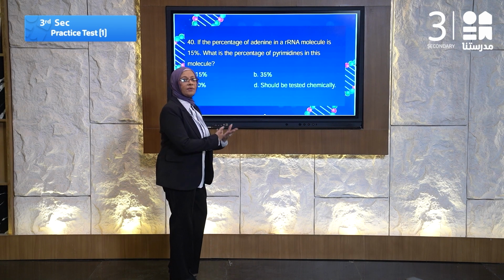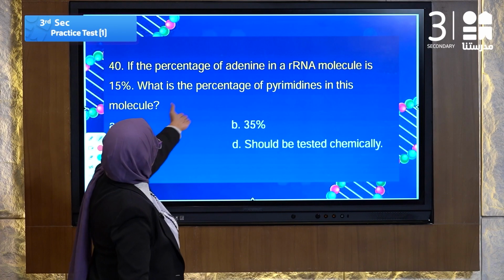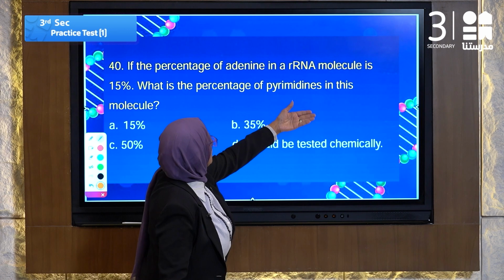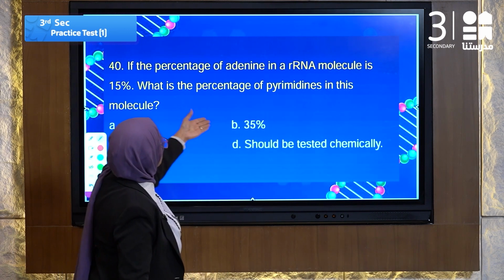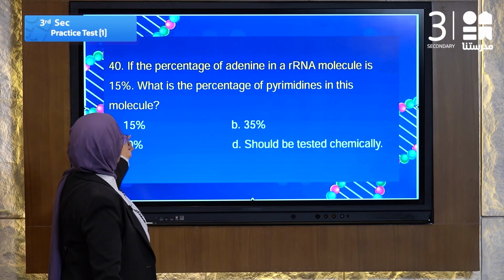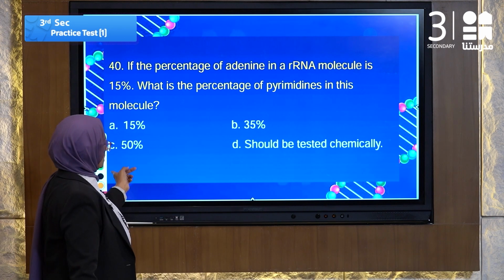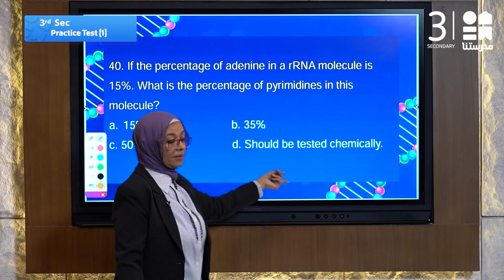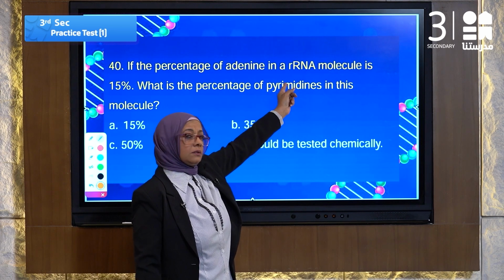Let's read the question. 40, the percentage of adenine in ribosomal RNA molecules is 50%. What is the percentage of pyrimidine in this molecule? 50%, 35%, 50%, should be tested chemically. Ribosomal RNA, not DNA.